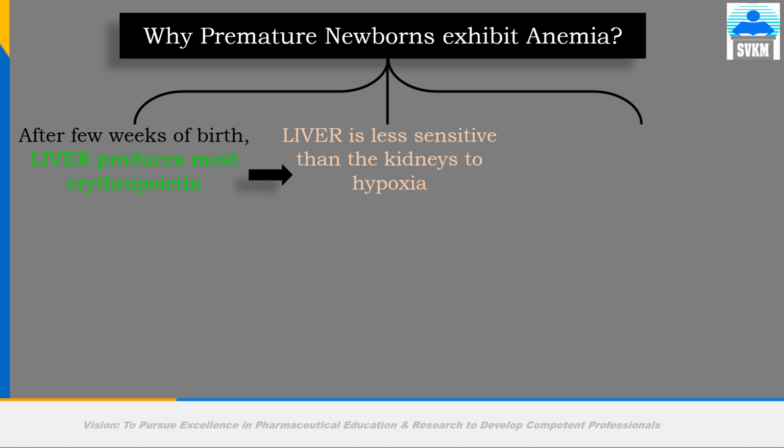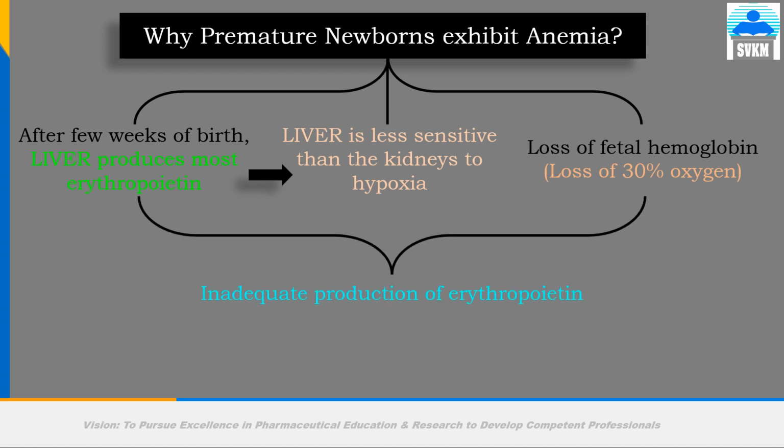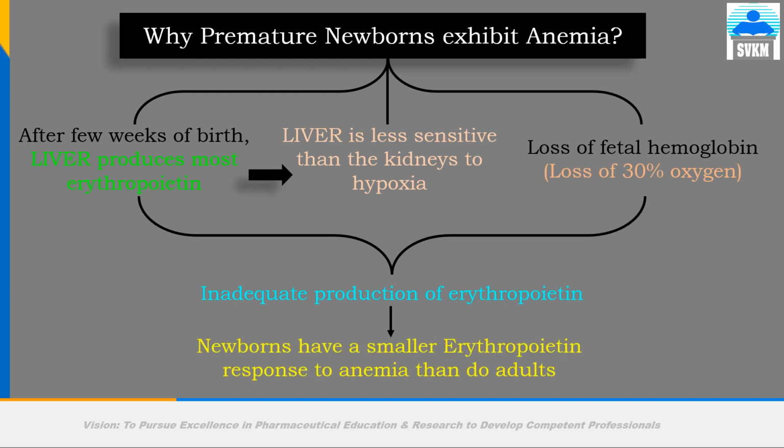Newborns have a smaller erythropoietin response to anemia than adults because fetal hemoglobin, that is hemoglobin present at birth, carries up to 30% more oxygen. The loss of the fetal hemoglobin due to insufficient erythropoietin production makes the anemia worse. This causes inadequate production of erythropoietin. Therefore, newborns have a smaller erythropoietin response to anemia than adults.